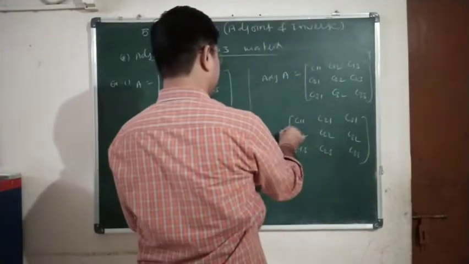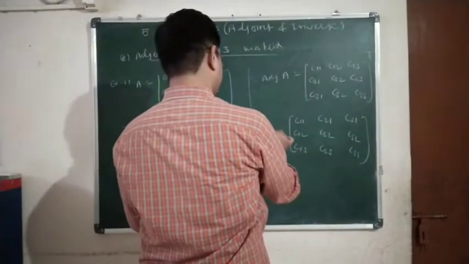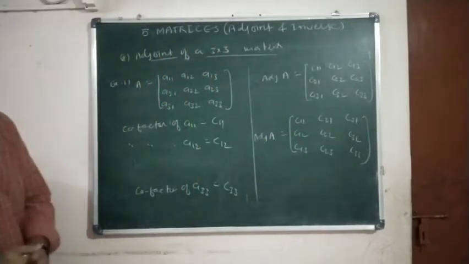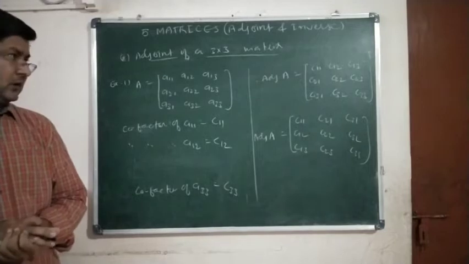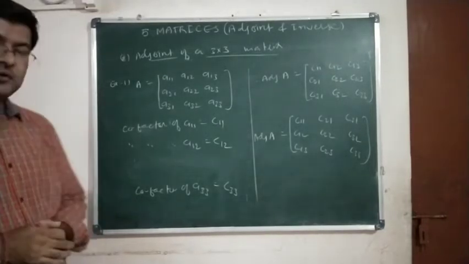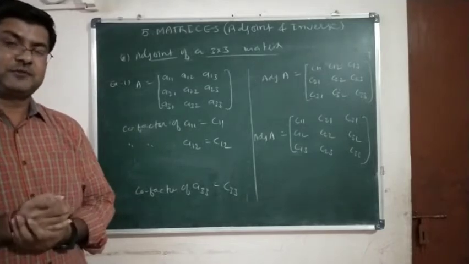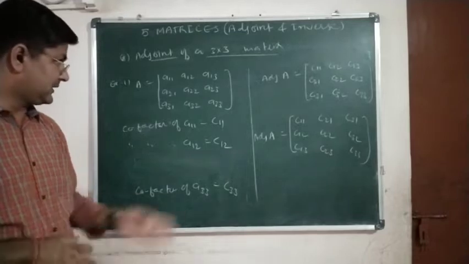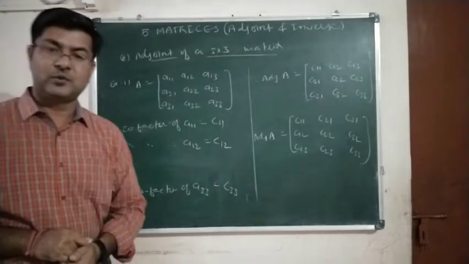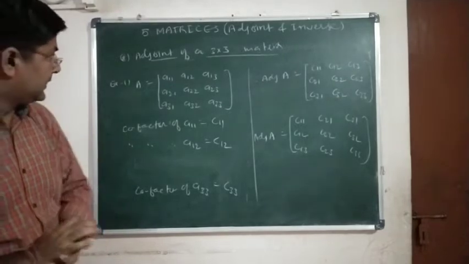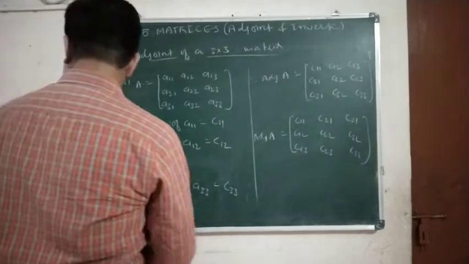So this is the adjoint of matrix A of order 3 by 3. Clear? I hope you have understood adjoint of a 2 by 2 matrix and of a 3 by 3 matrix. It is very easy to find. Just replace each element by the cofactor and then take the transpose of the matrix thus obtained. Okay, now let us move further.